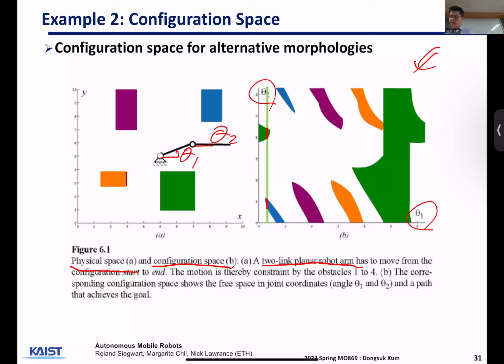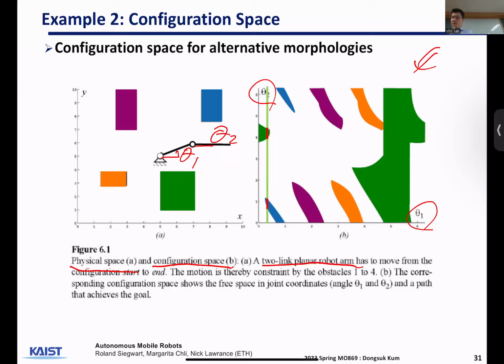So in this case, θ1 is θ1 and θ2 would be the orientation, angular position of the link, and we can draw this configuration space. We can define configuration space with θ1 versus θ2, and then we can compute the obstacle space in configuration space.